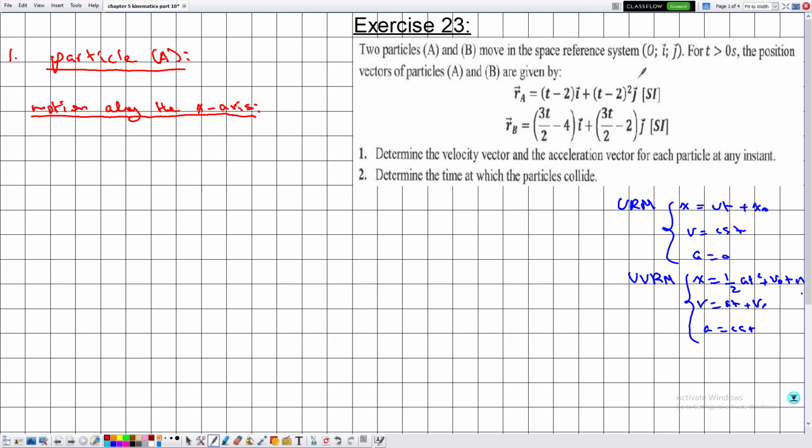Since x is equal to t minus 2, it verifies the general form. Because the position is linear in time, this means that the type of motion is URM. It verifies the general form x equal to vt plus x0, and here you always need to distinguish between components. Then the type of motion is URM.